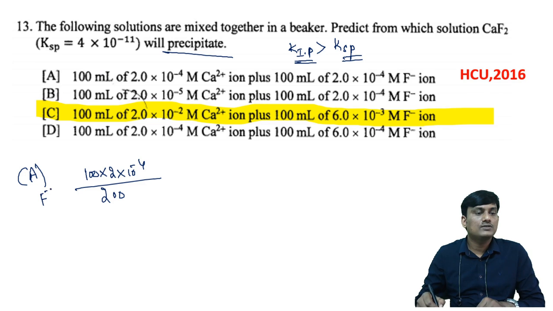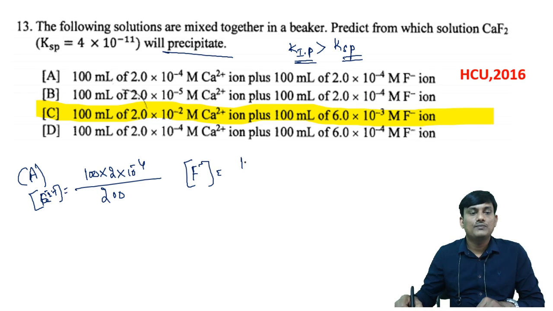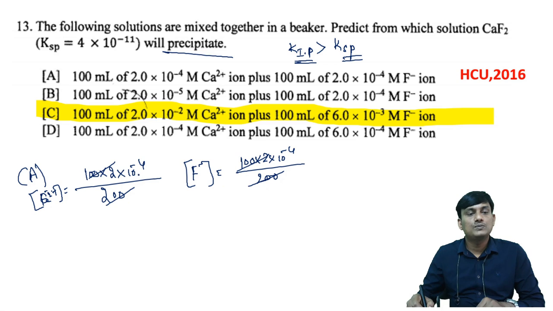This is the concentration of Ca2+. What is the concentration of F-? F- will be 100 × 2 × 10^-4 divided by 100 plus 100, which is 200. So, cancelling 200, you will get the concentration of Ca2+ as 10^-4, and this one also 10^-4.